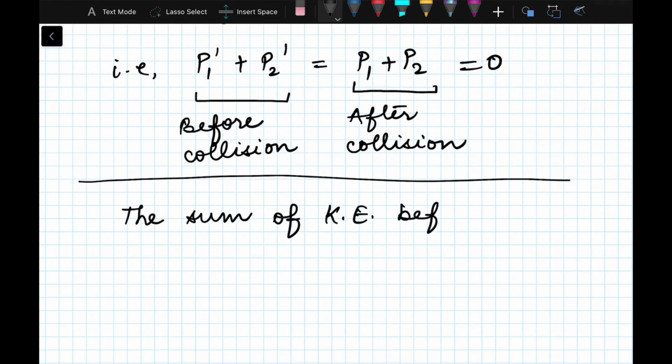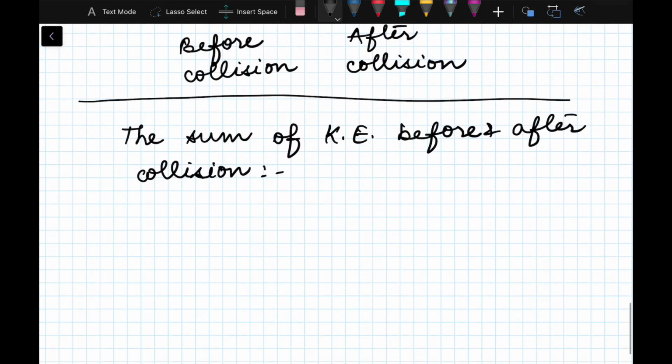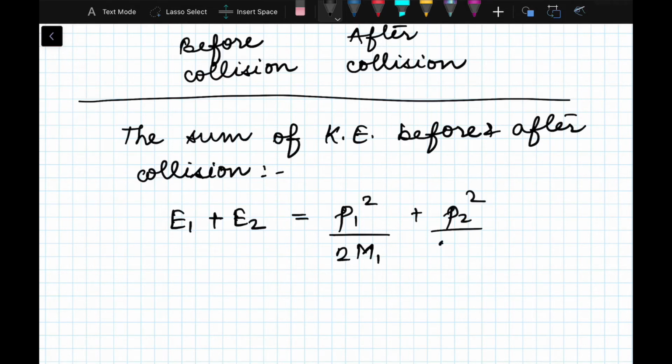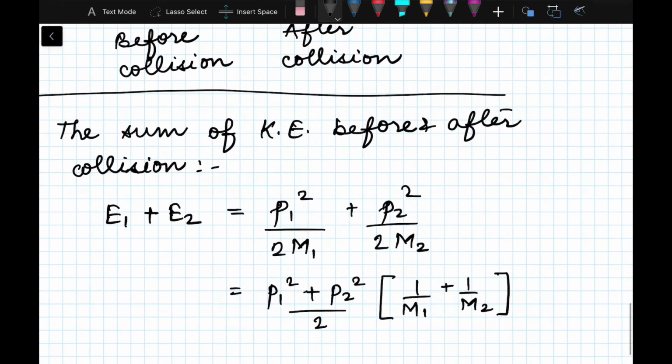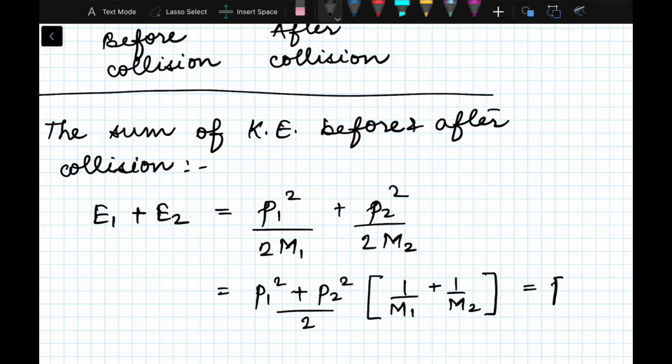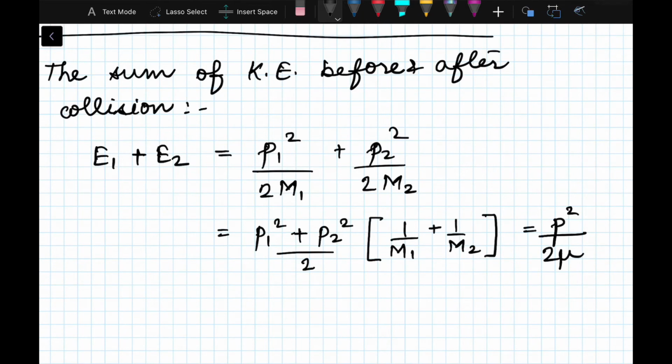We can write the sum of kinetic energies before and after collision as E1 plus E2 is equal to P1 square over 2m1 plus P2 square over 2m2, and this is nothing but P1 square plus P2 square times 1 over m1 plus 1 over m2, and if we take the factor of 2 out here, we get p square over 2 mu, where we have defined p1 square plus p2 square is equal to p square.